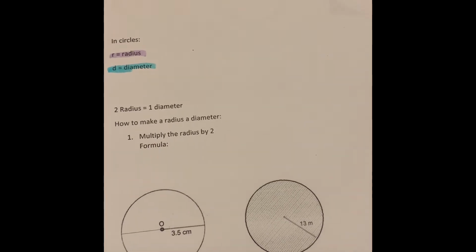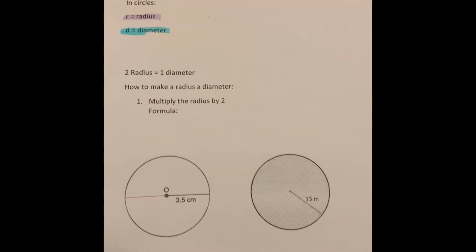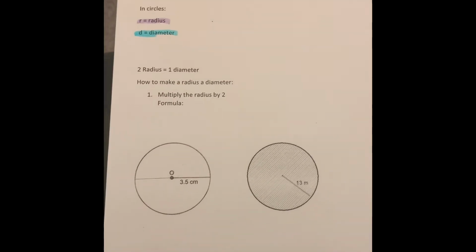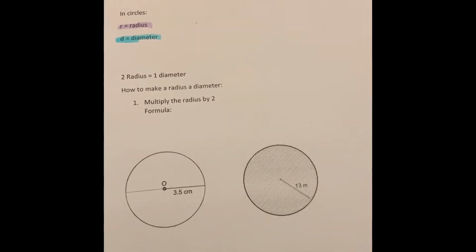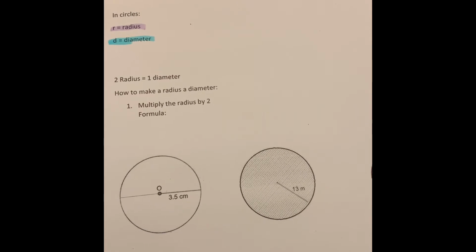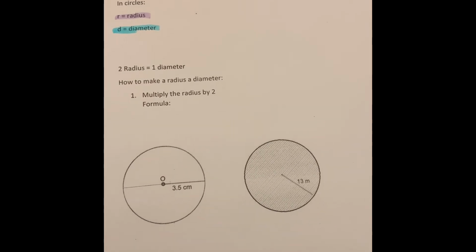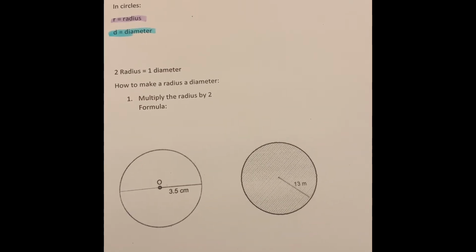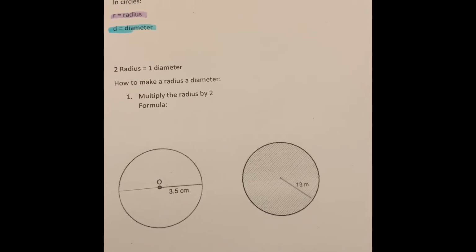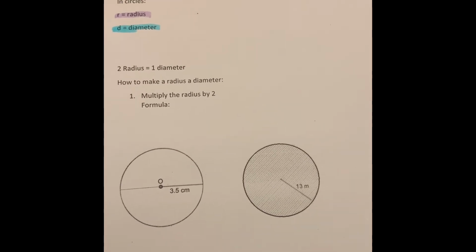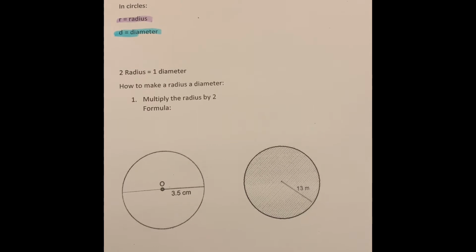Okay, so first important thing when we're talking about radiuses and their relationships to diameters, 2 radius equals 1 diameter. Okay, how to make a radius a diameter?